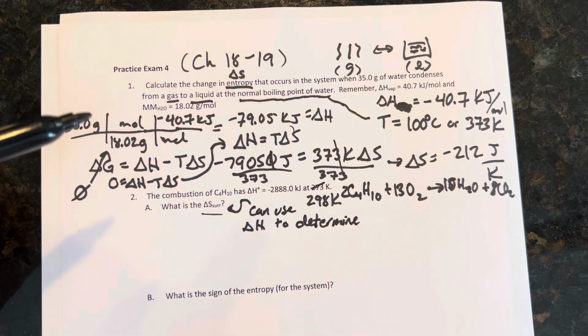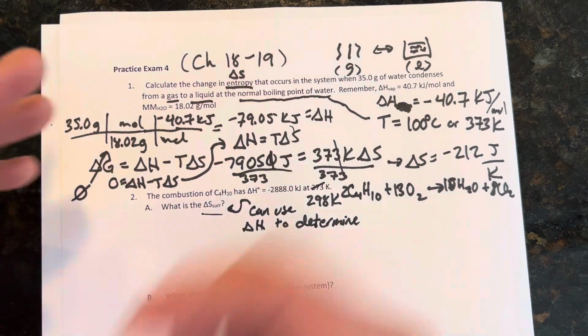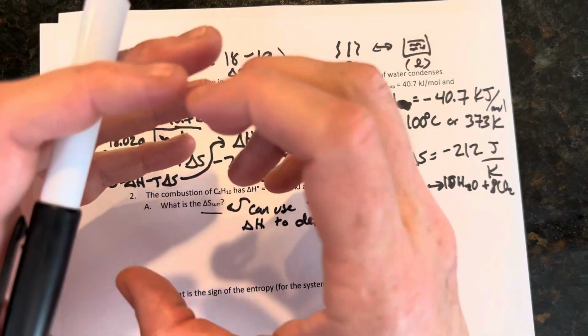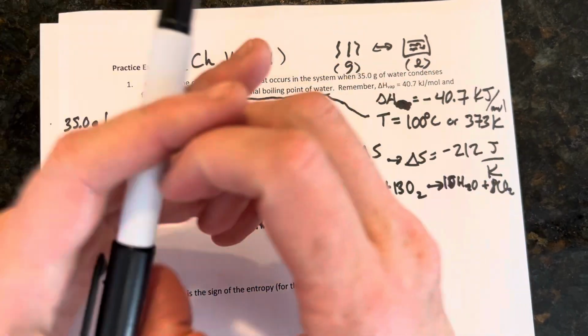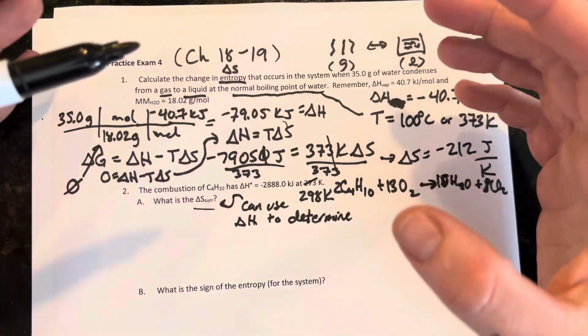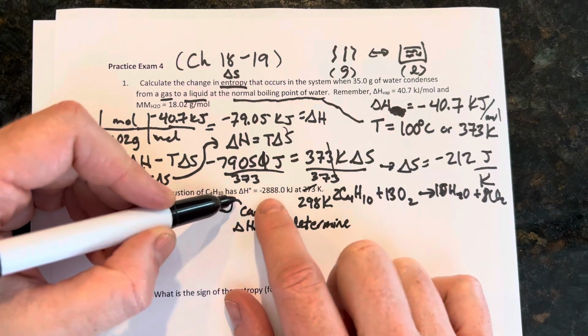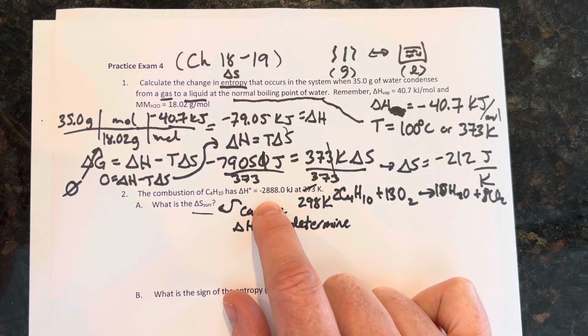This 2,888 kilojoules. All right, so if the reaction itself, if the system itself, like a barbecue pit or whatever you're using butane for, this is butane by the way, is lit on fire, the surroundings absorb that heat, right? So the surroundings are taking in that 2888.